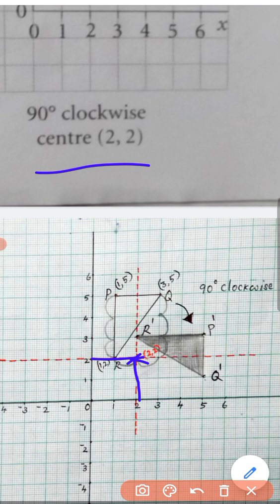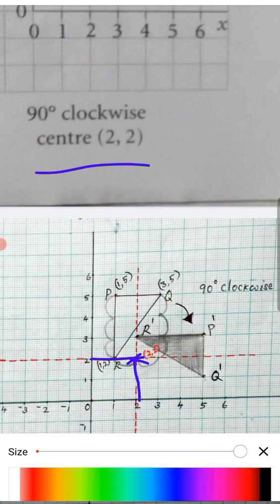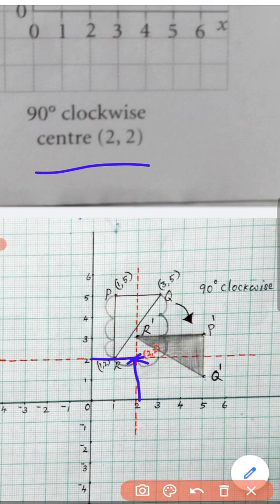Clear? Now we have to imagine this is our origin, and draw our new y-axis and x-axis. This is our second step.